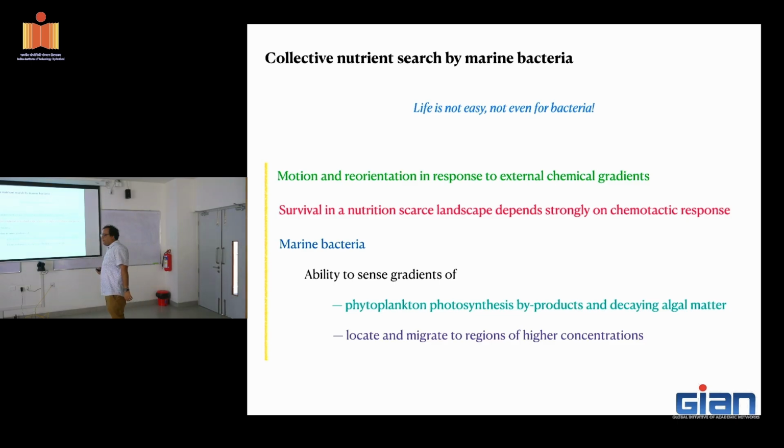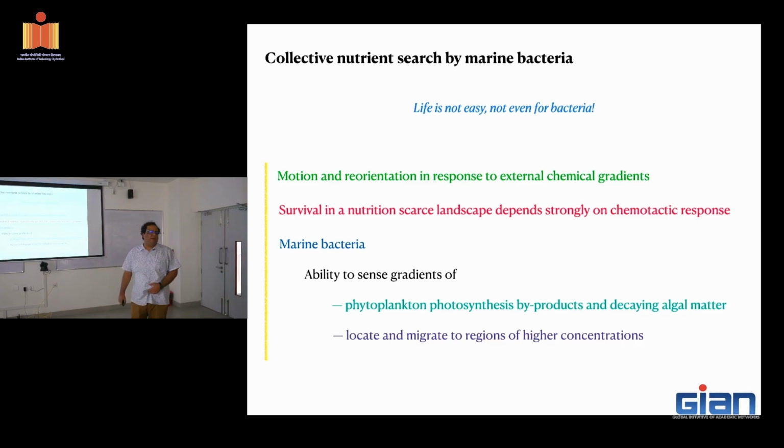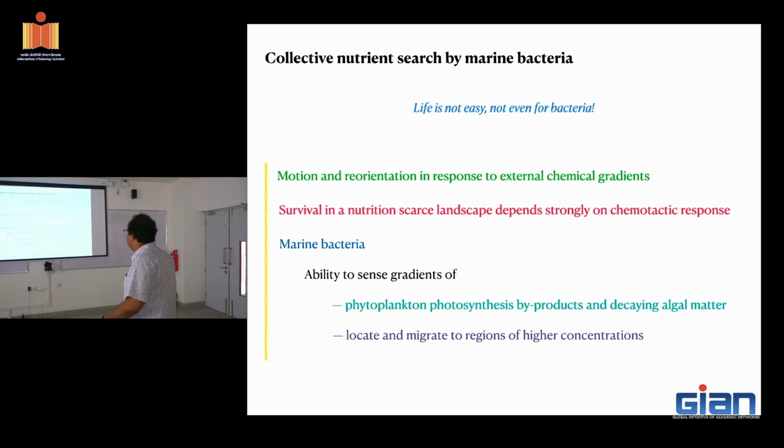So these marine bacteria have the ability to sense gradients of phytoplankton photosynthesis byproducts and decaying algal matter. So maybe I have qualified the answer for you a little bit more, okay? And they have the ability to locate and migrate to regions of higher concentration. Is this clear so far? Okay.